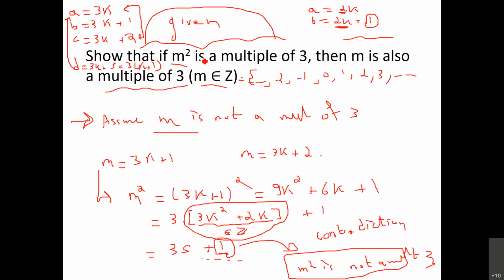Like the first part of your implication, you have to assume it's law, it's true. M squared being a multiple of 3. So there's your contradiction. But that's not over yet, since you only did it for this case. You also have to do it for this case as well, but it's the same thing. Simple expansion, you take 3 in common, you'll get that it's a multiple of 3. Does anybody have a problem with this?